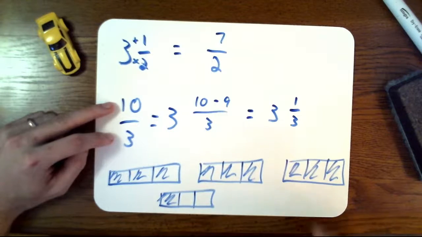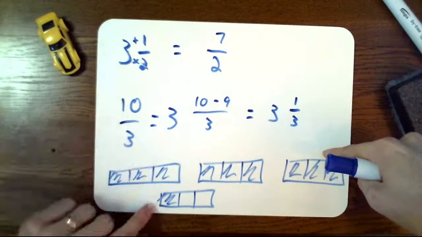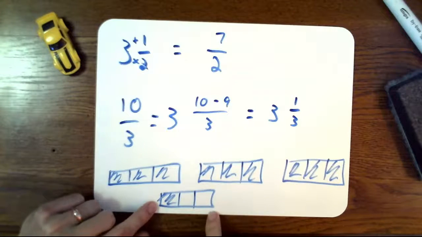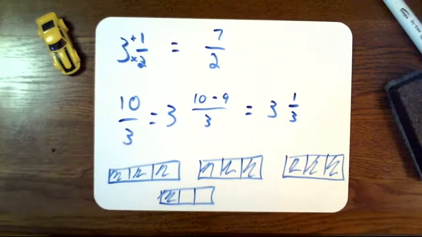But how many is that? Well, it's 1 bar, 2 bars, 3 bars, and then 1/3 of a bar. So that's a visual representation of how to do that.